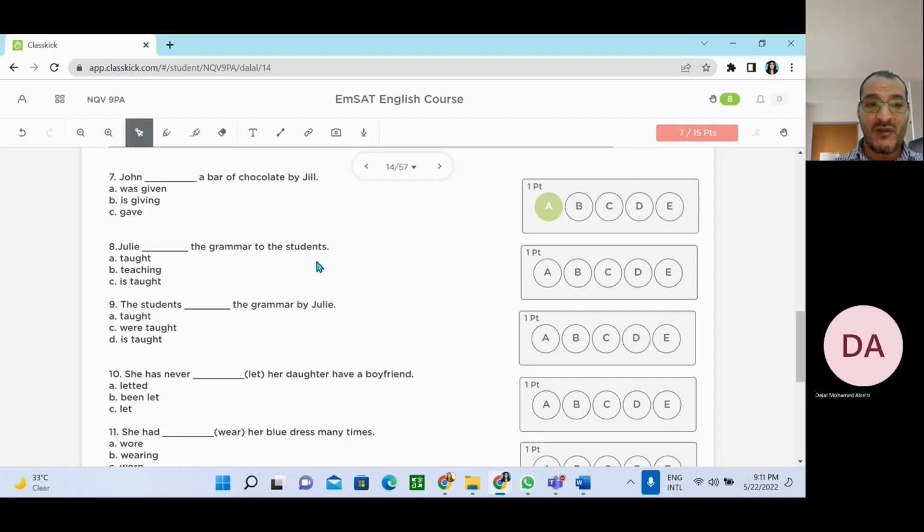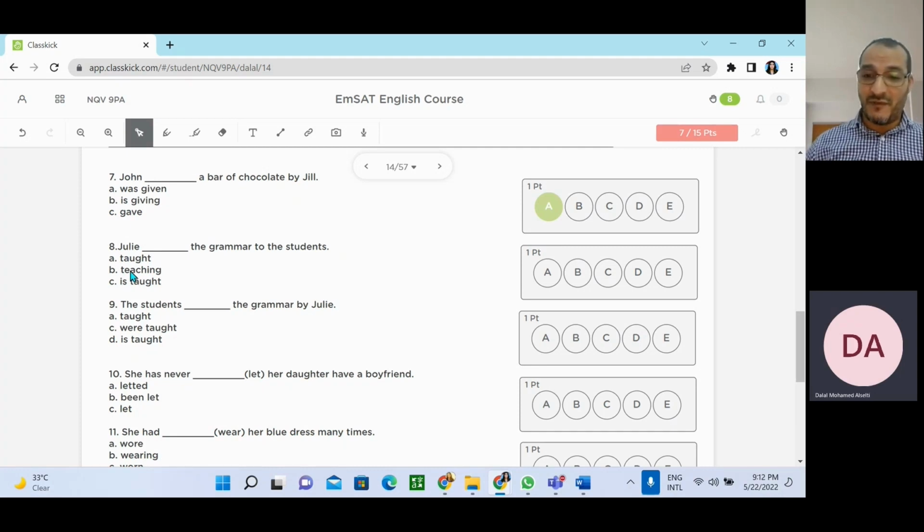So why not B or C? Because if we say teaching without any helping verb, it needs help. A gerund is like a noun, replacing the noun. It doesn't make sense. If we use teaching, it should be "is teaching".